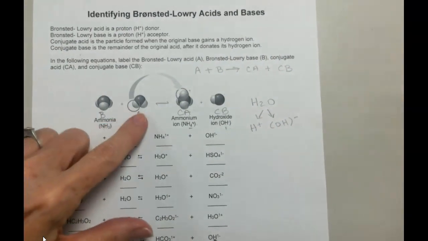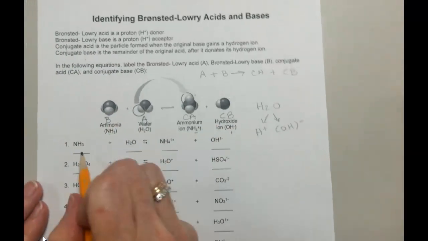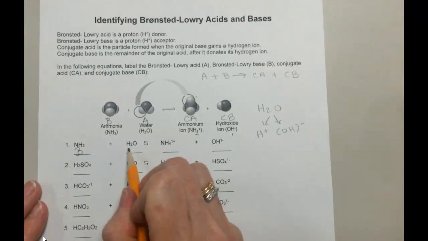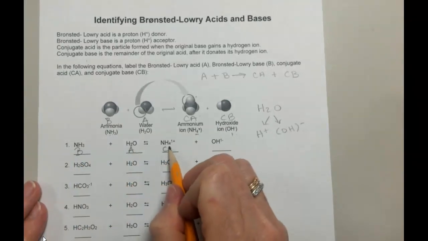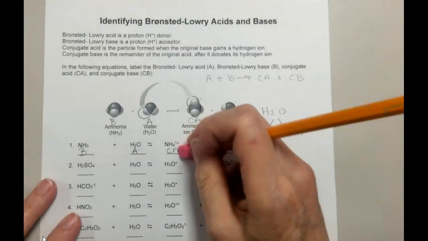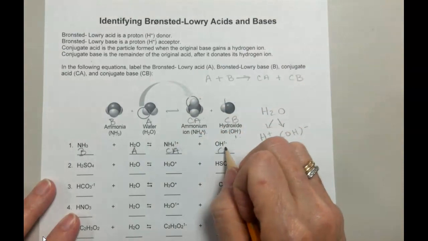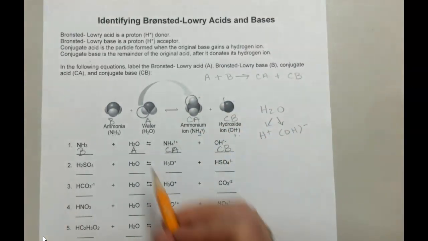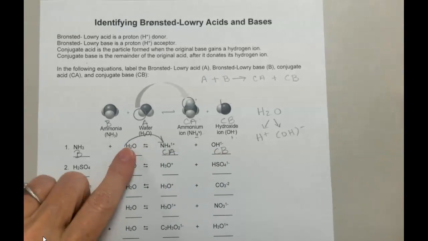But I want you to pick out the acid and the conjugate acid. So here, I just did this one up here. We found out ammonia is the base. Water is the acid. This ammonium ion is the conjugate acid, making this the conjugate base. So all I've got to do is pick out who gave a hydrogen to who.